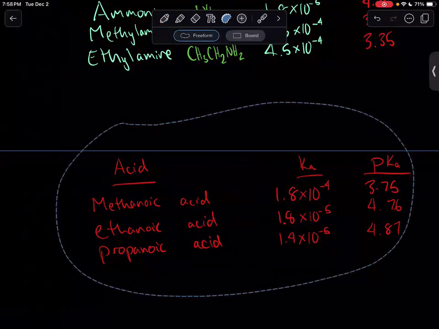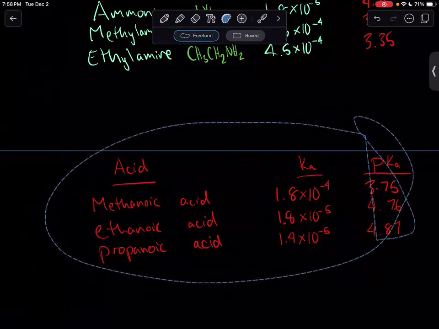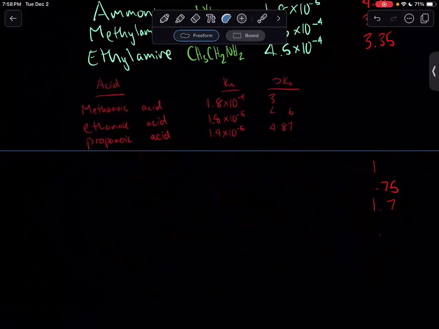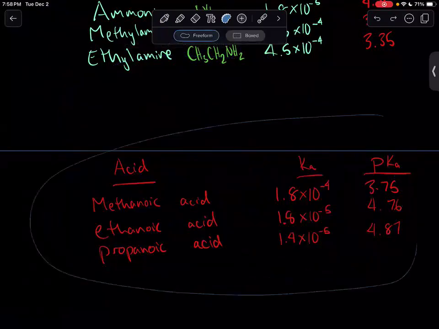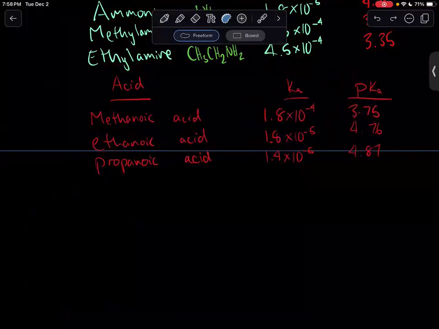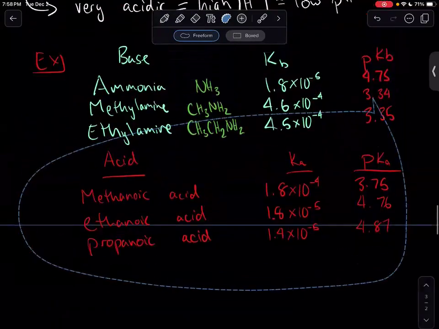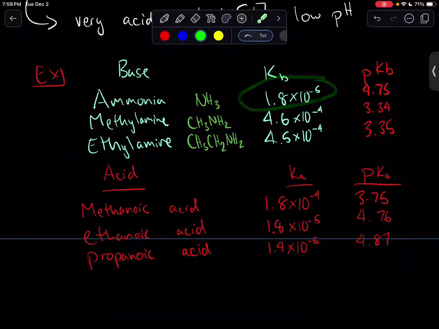I'm going to just bring these over so we can compare. And yet I am still missing my values. One more time, charm. We'll just intercept the middle of the page. So as I look at my values, the things that are stronger have a lower pKb.